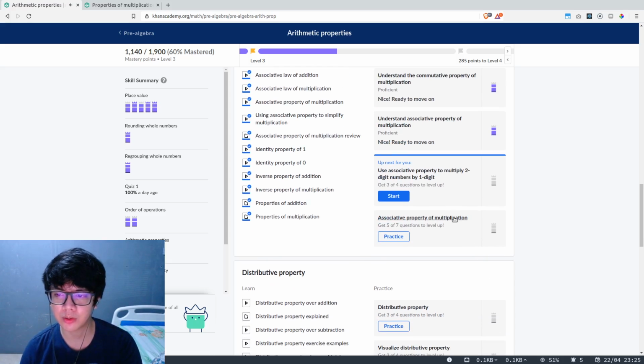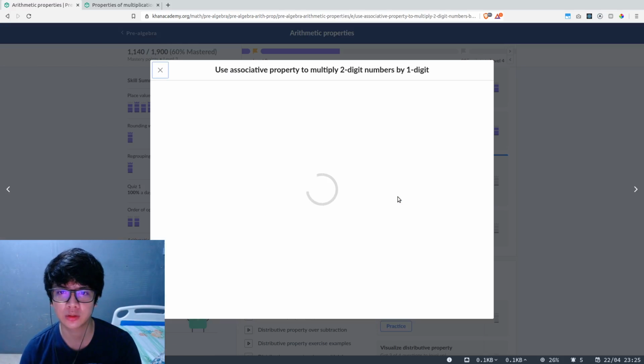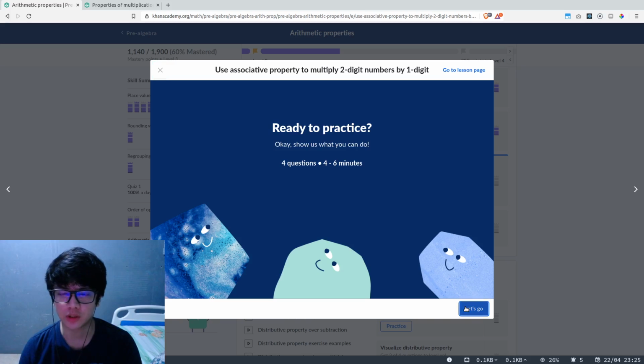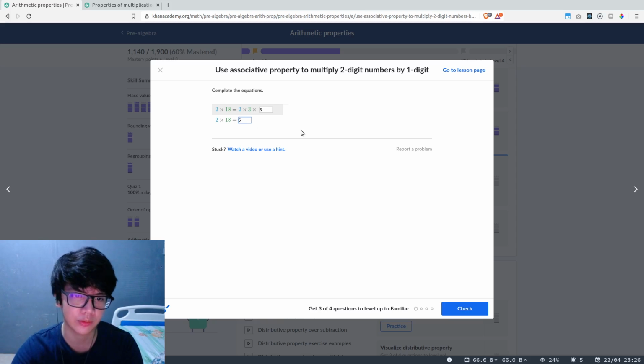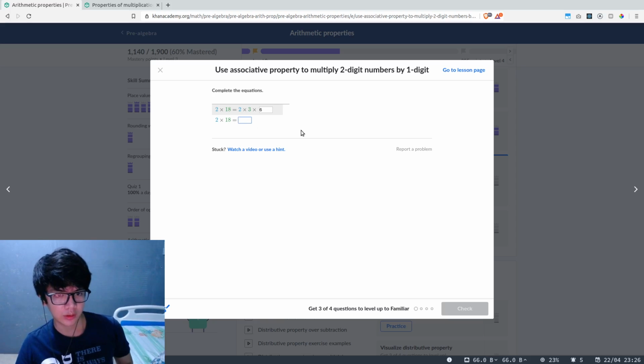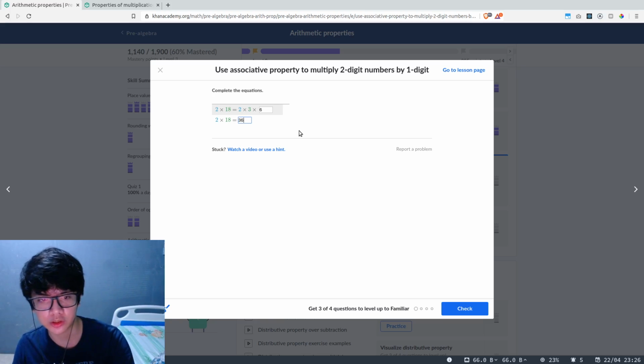Use associative property to multiply two-digit number by 1 digit. Associative. Okay, 2 times 18 is 6. Oh shit, what is this? I don't know the answer to this. Holy crap, it's 56, I don't know. If this is 20, it's 40. Oh shit, it's actually 9 times 4, 36.